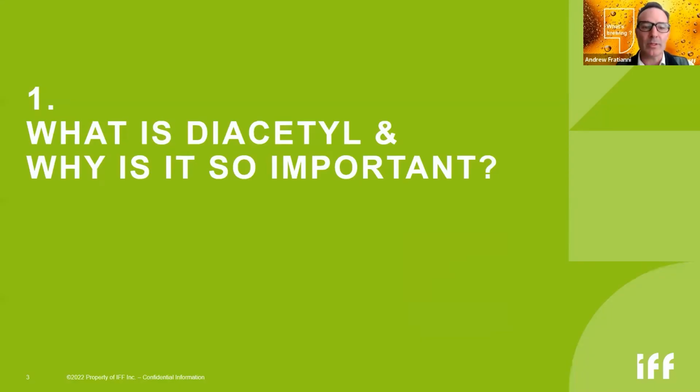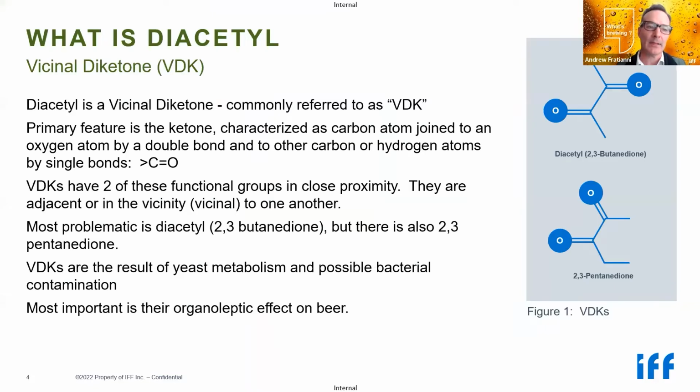So one, what is diacetyl and why is it so important? Diacetyl is a vicinal diketone, and it's commonly referred to as a VDK. And so what exactly does that mean? It's a little bit of organic chemistry here.